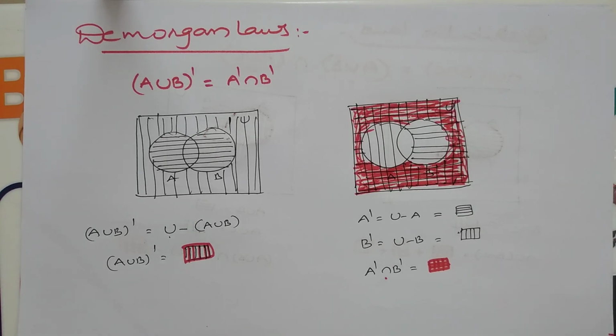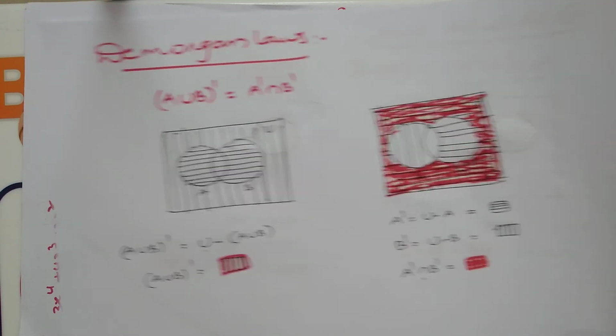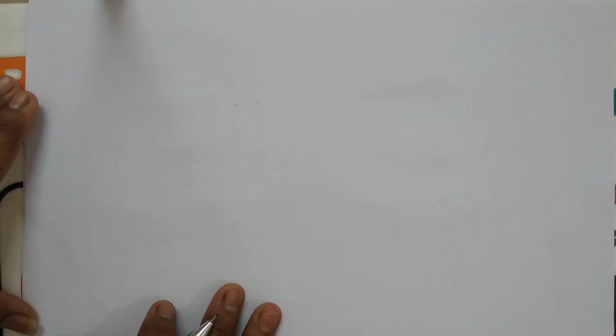Now I would like to give some notations, and you take these and draw the Venn diagrams yourself so that you can understand this topic clearly.